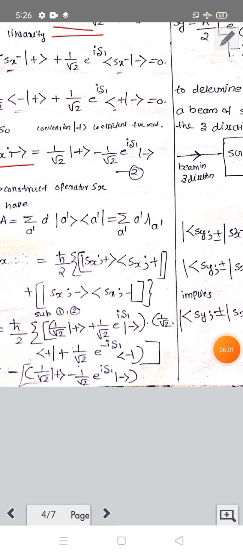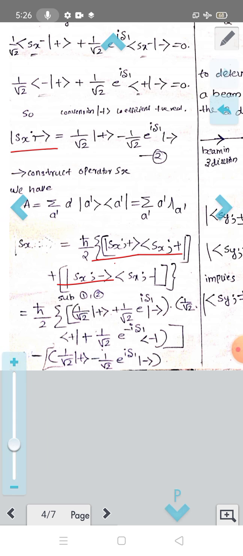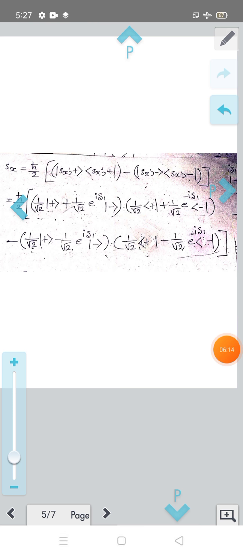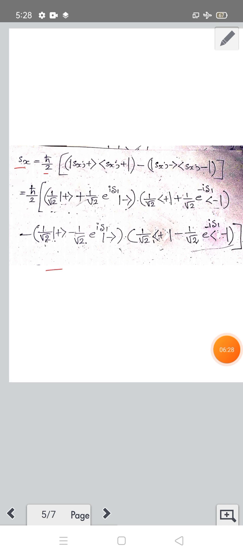Here we substituted the values of |Sx+><Sx+| and |Sx-><Sx-| from equations 1 and 2. Expanding this, Sx is equal to h cut by 2 taken outside, then we expanded this equation.